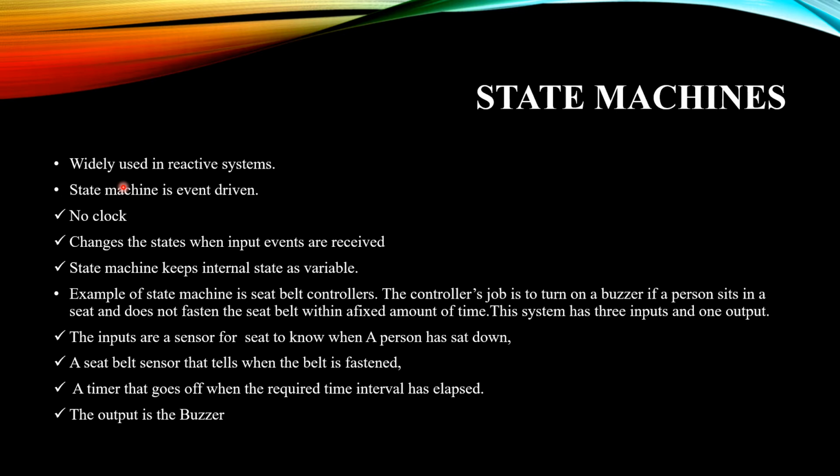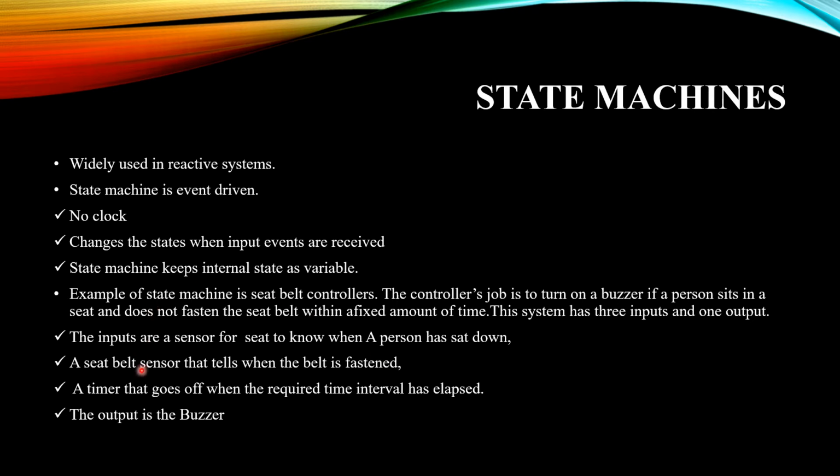In this state machine system, we have 3 inputs and 1 output. The first input is the pressure sensor, which is used to know whether a person sat on the seat or not.